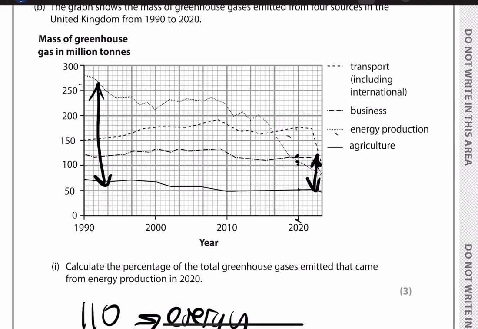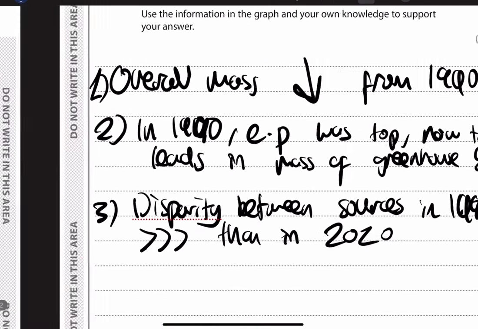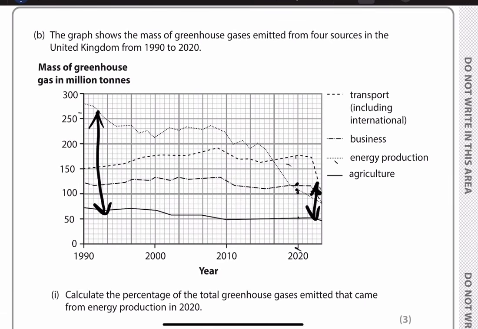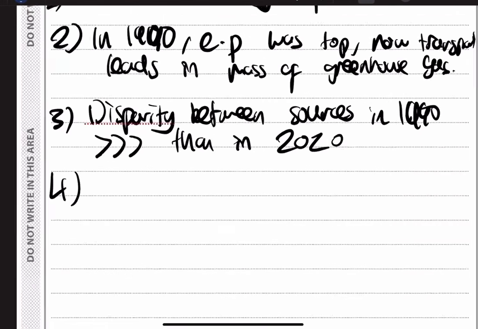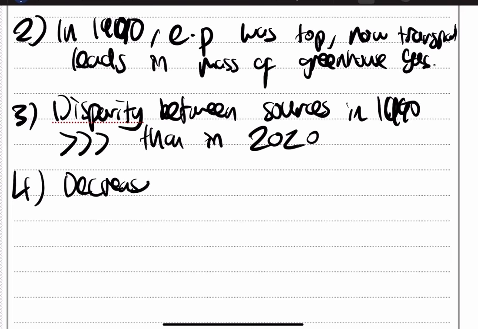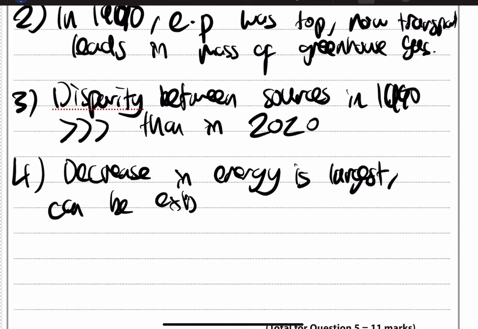Okay, now we can think about using our own knowledge, right? So why do we think that we would see such a decrease in everything? Especially energy. Let's zero in on energy because we know a lot about renewable energy. The decrease in energy is the largest, right? We saw that it's the largest decrease, and it can be explained by the new innovations that we have in renewable energy.